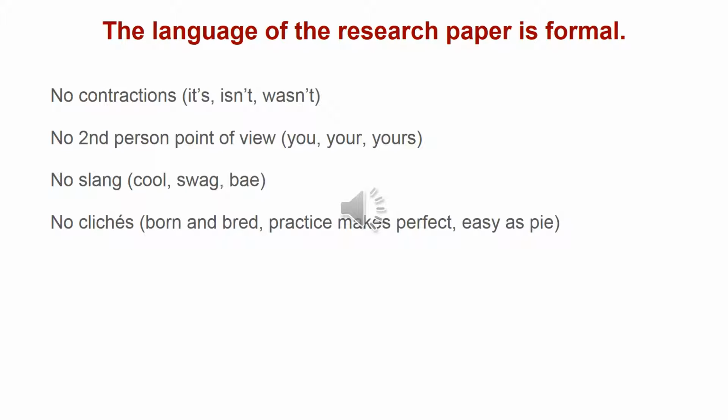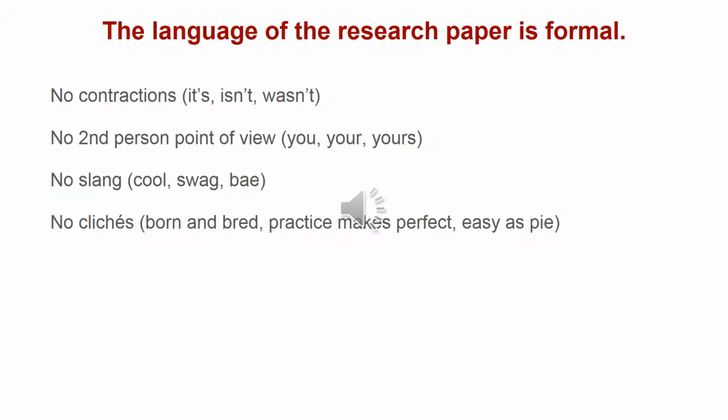So the language of your research paper is going to be formal, meaning you're not going to use contractions. It's, isn't, wasn't, couldn't. You will not use second person point of view, you, your, yours. Okay. You're not going to use slang like cool or swag or I don't know what you guys use, but that's just my access to current slang.